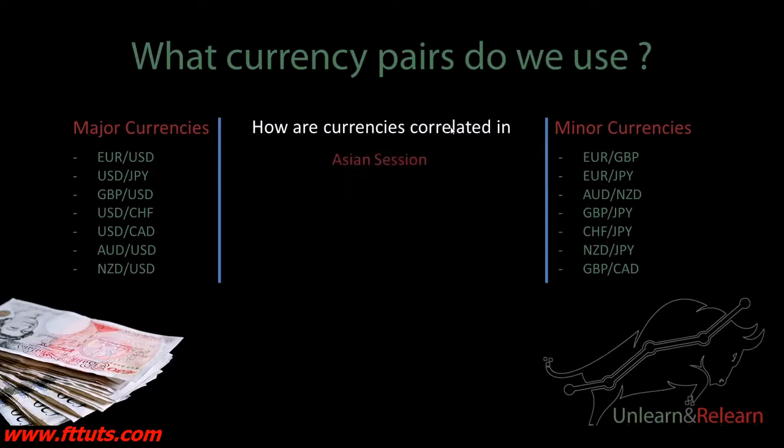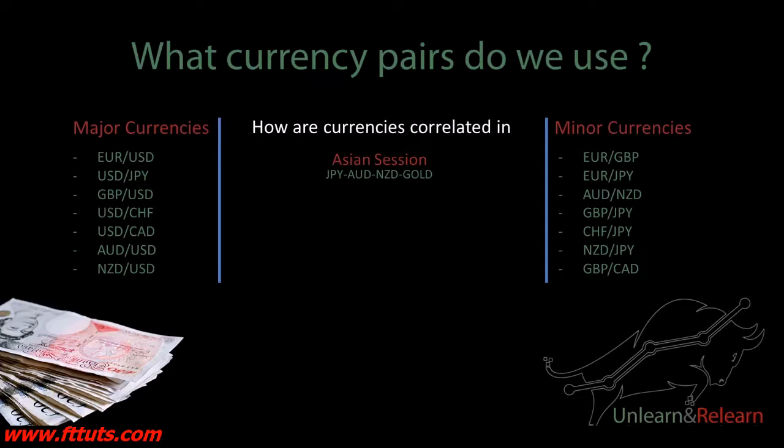Now, when you're talking about the Asian session, you have the yen that's open, you have the Australian dollar, the New Zealand dollar, and then you have some movement in gold as well. So let's say someone says, hey Raja, I'm going to trade GBP USD in the Asian session.